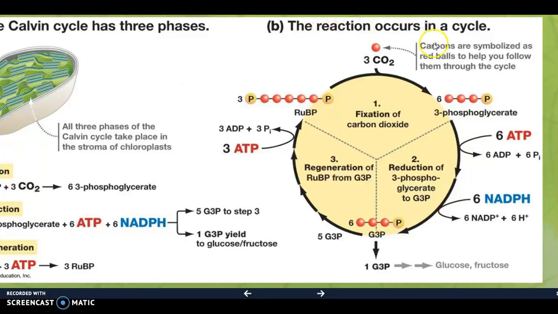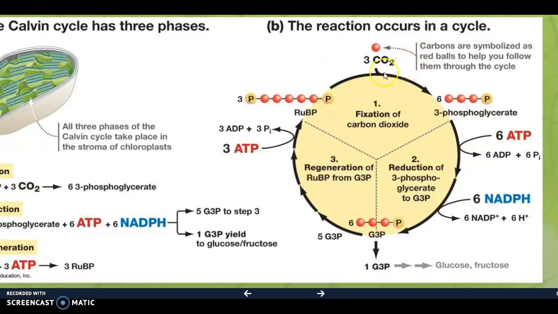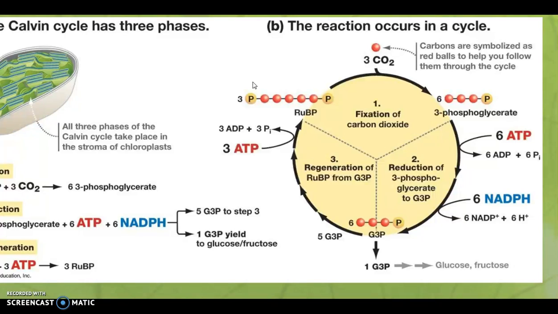So now let's look at the reaction and how we think about the reaction occurring. We say it's occurring in 3 different stages. Stage 1 is fixation of carbon dioxide. So we have CO2 from the atmosphere, and this CO2 is fixed or attached to this 5-carbon sugar skeleton called RuBP. There is an enzyme called rubisco that facilitates this reaction.